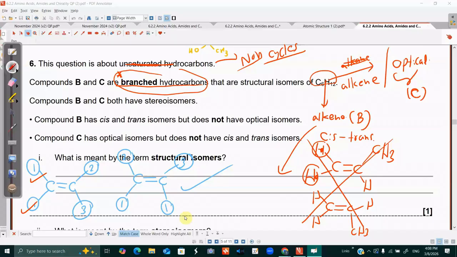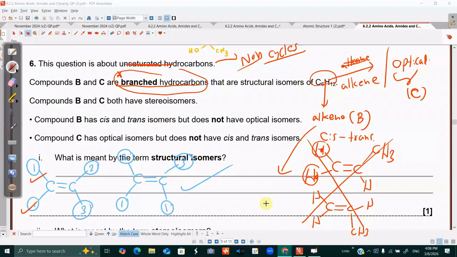That's okay, but compound B can't have one. The blue one cannot have an optical carbon, so therefore it is wrong, right? Can you sketch both near each other and label them clearly? And where would the optical carbon be? It doesn't have an optical carbon, right?